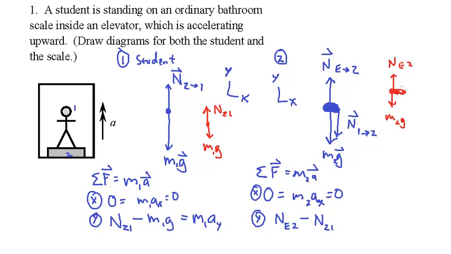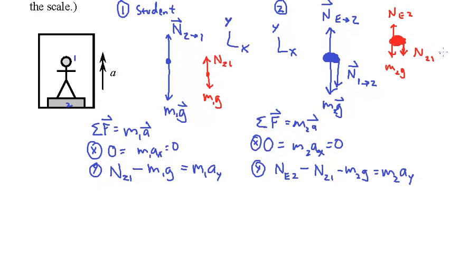I probably should have done the breakdown first, so let me do the FBD: N21, M1G, then here we have NE2 going up and M2G going down, and N21 again, that's 2, 1.